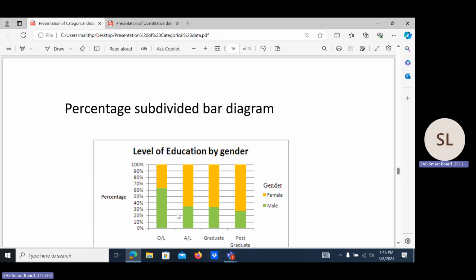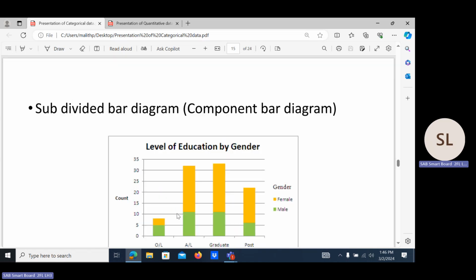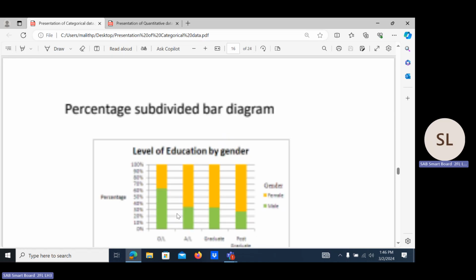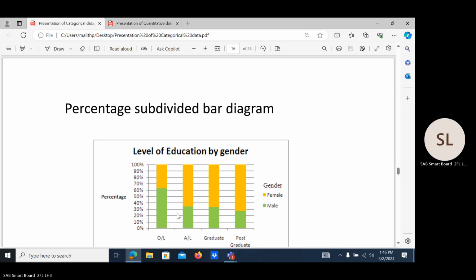Then move on to another one, the same subdivided bar diagram, but the percentage subdivided bar diagram. What is the special thing in that one? This one is the percentage bar diagram. There is a special feature here: the bars are all of equal height.